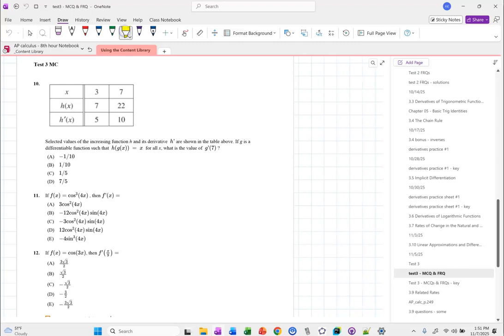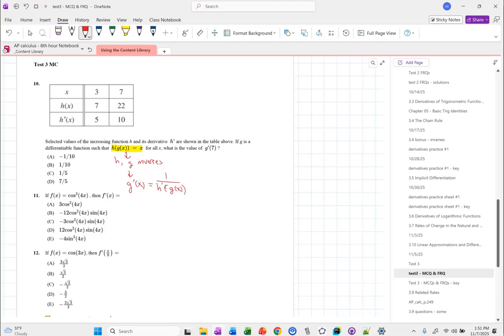Excellent, 100%. What does that mean? Yeah, oh my gosh. Someone help her. Yes. And because they're inverses, we know we can write that g prime of x is equal to 1 over h prime of g of x.